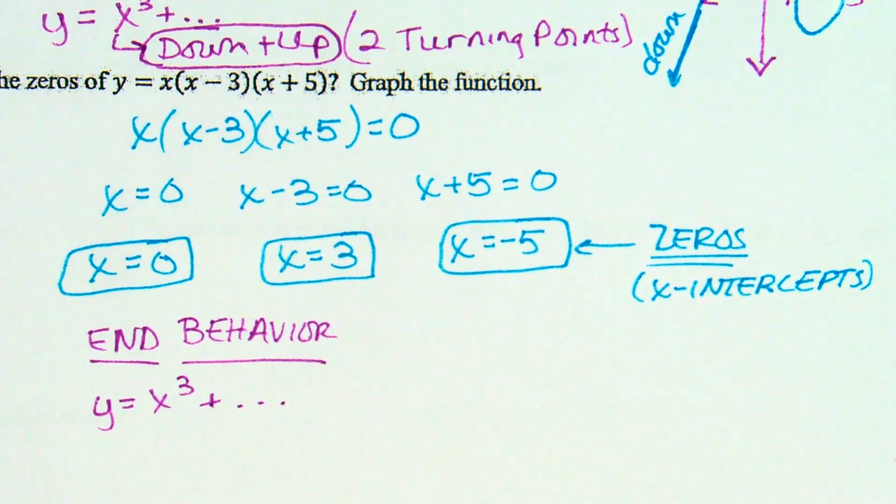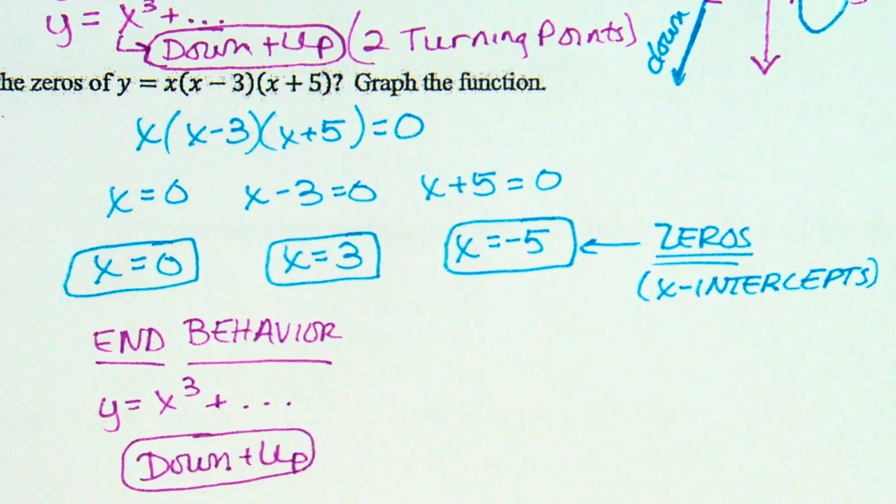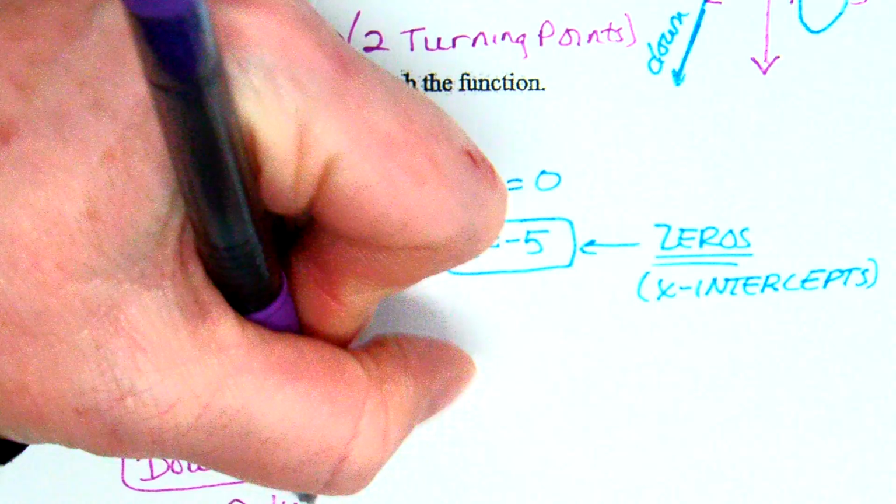So 3 is odd, and it's a positive x to the third, so down and up. Would you expect to see some turning points? Yeah, when I multiply this out, there's going to be more than just the x cubed term. So I would expect to probably see 2 turning points.